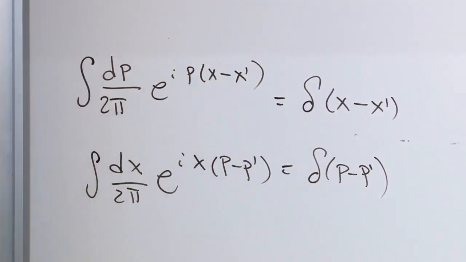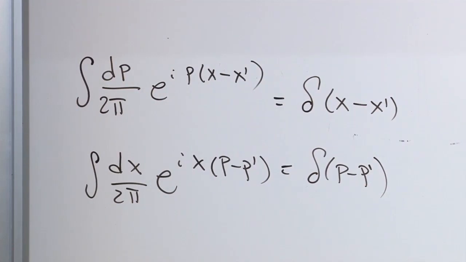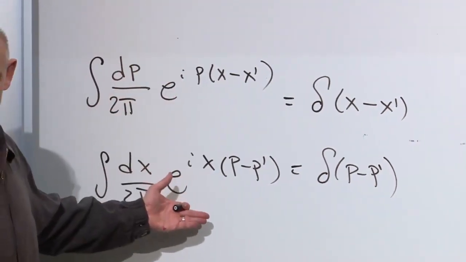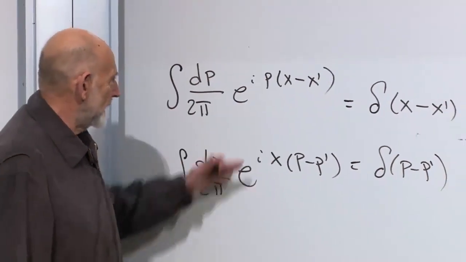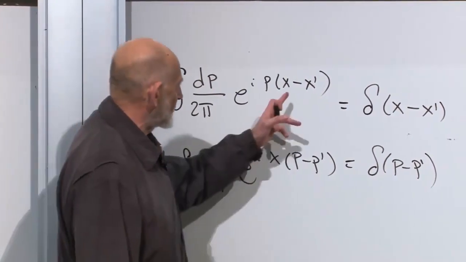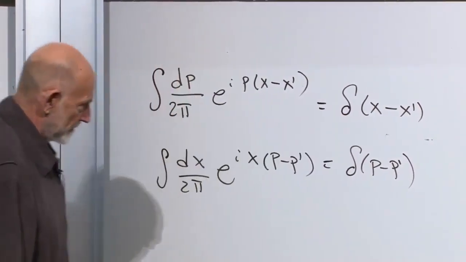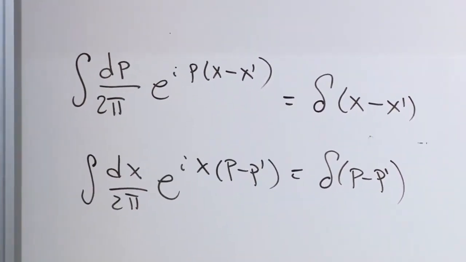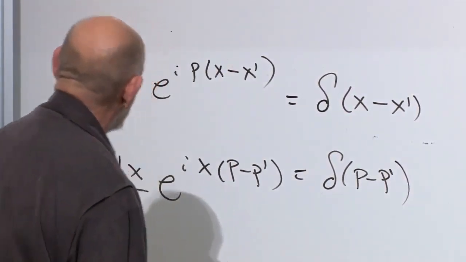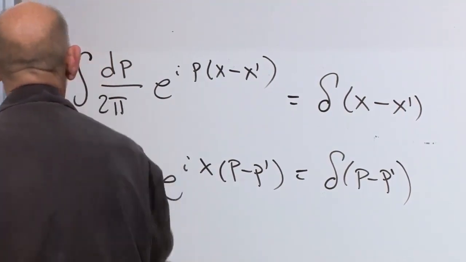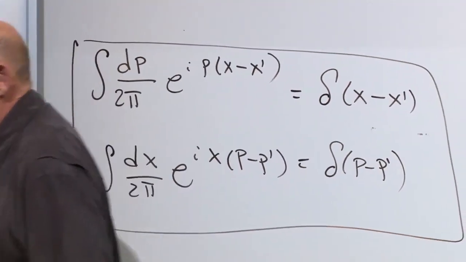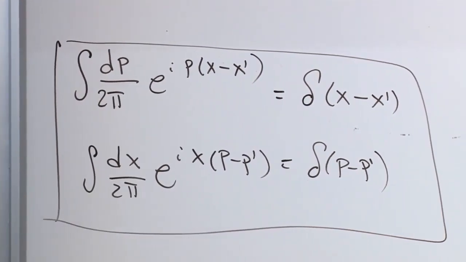These two are identical. I've just changed the name of x to p and p to x. If this equation is true, this equation is true because they're exactly the same equation, except that I've interchanged the name x with p and p with x. All right, so this is an important fact about delta functions. These are the basic mathematical facts that we need.